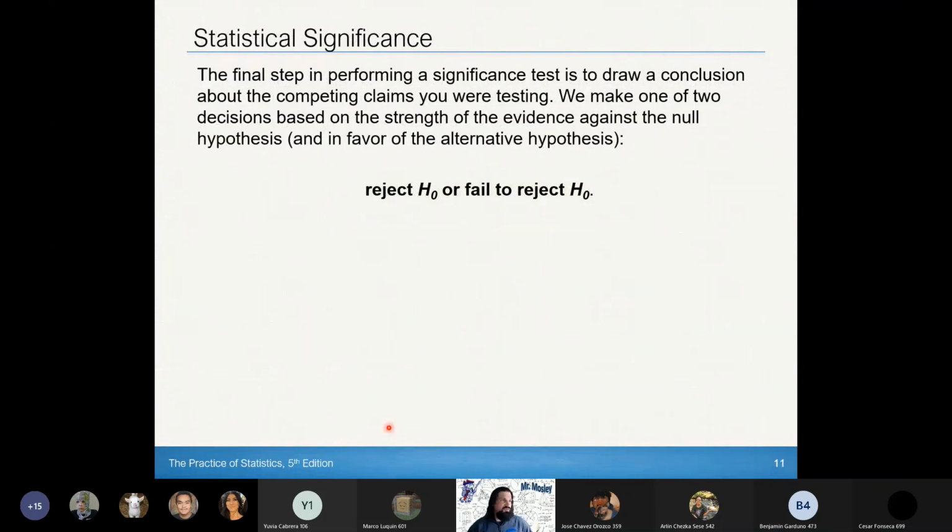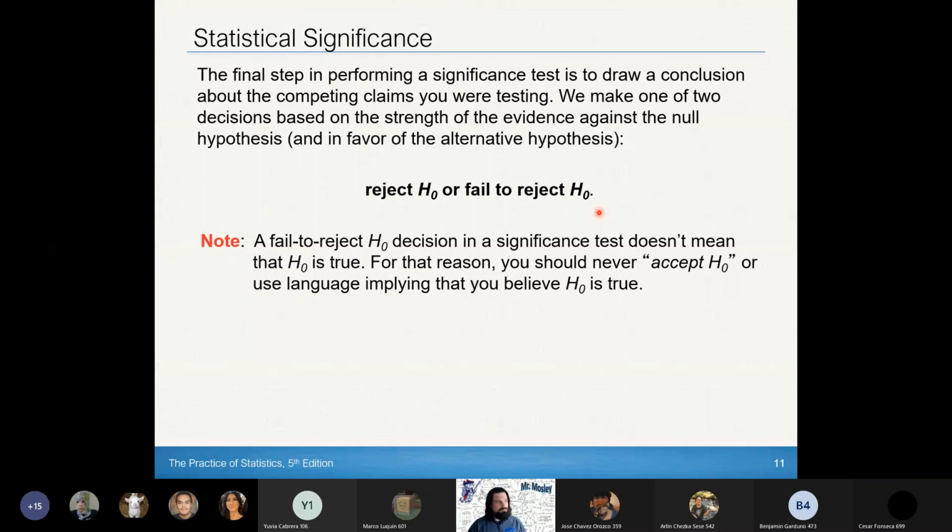The final step in performing a significance test is to draw a conclusion about the competing claims you are testing. We make one of two decisions based on the strength of the evidence against the null hypothesis and in favor of the alternative hypothesis. We can reject the null hypothesis or fail to reject the null hypothesis. Those are the choices.